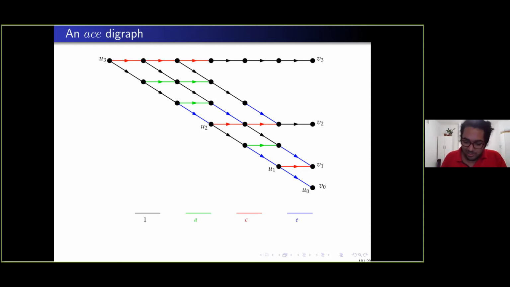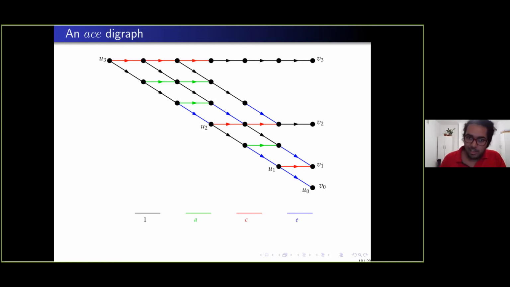Now the Lindström-Gessel-Viennot lemma says that the determinant of this matrix is a signed sum over non-intersecting lattice paths on this graph.